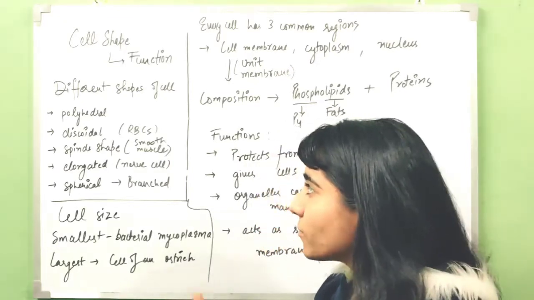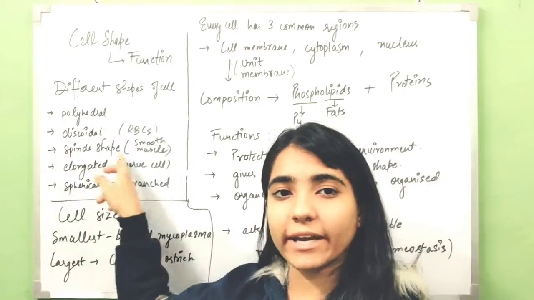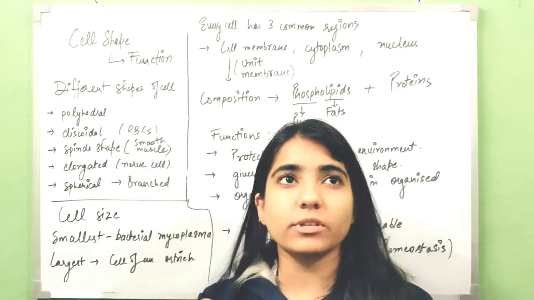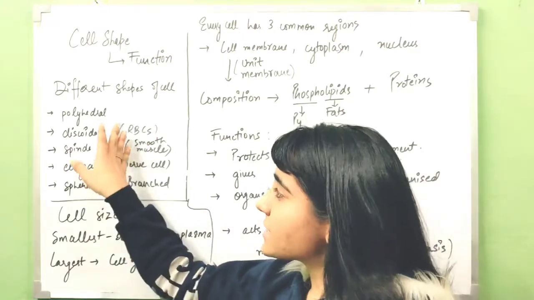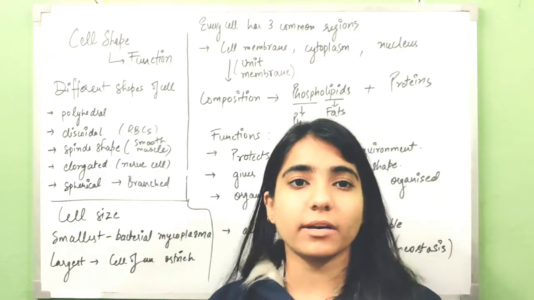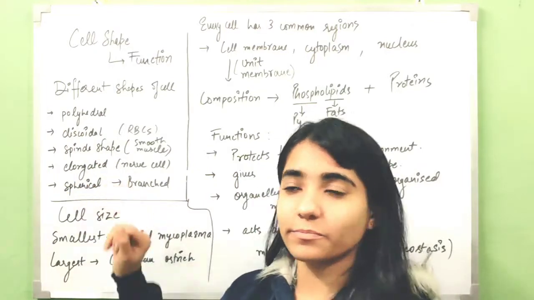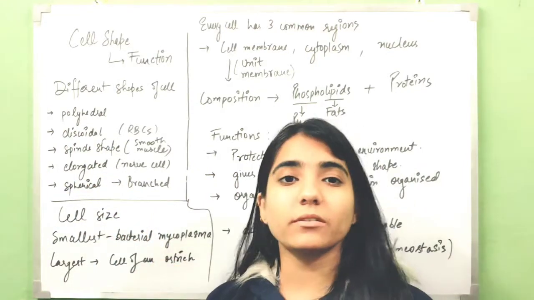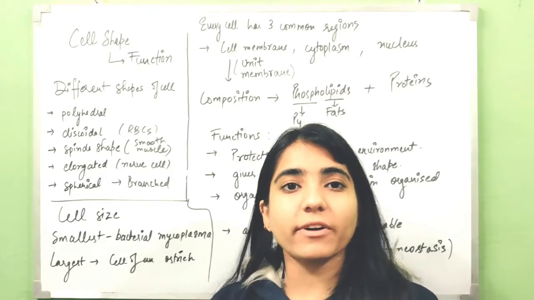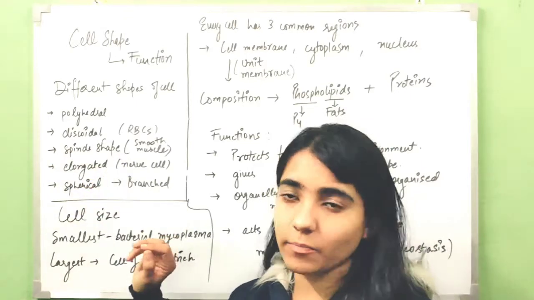There are like 5 to 6 different shapes of a cell. One is polyhedral, where the cell will have 8 to 10 or 14 sides. Second is discoidal. The RBCs, the red blood cells or erythrocytes, are discoidal in shape. Third is spindle shaped. Smooth muscle fibers are the basic example of a spindle shaped cell.